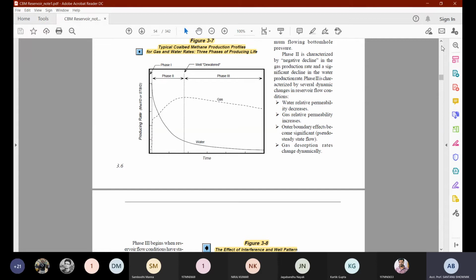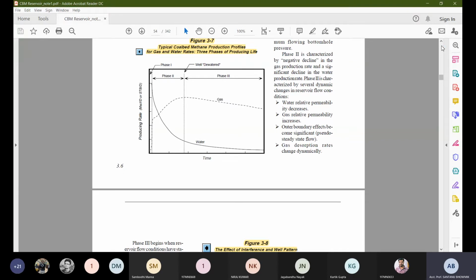Suppose for this reservoir, for this graph, this small phase 1 is 1 week, and after 1 week it is going to reduce and phase 2 is going to start. And on the y-axis, suppose the maximum gas production capacity is 200 MSCF per day, so maybe the constant flow rate in phase 1 is 200.